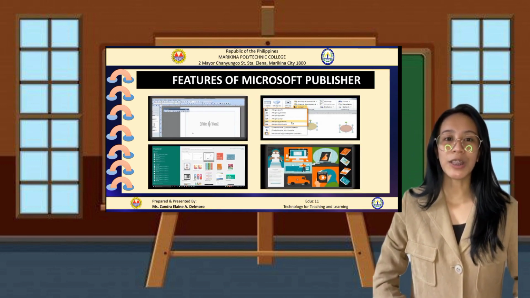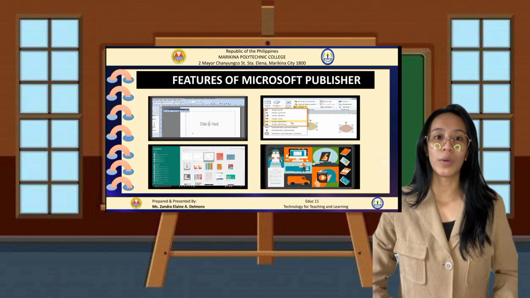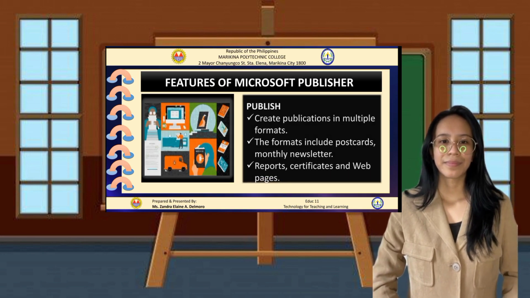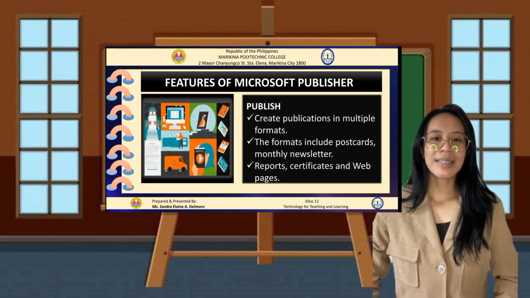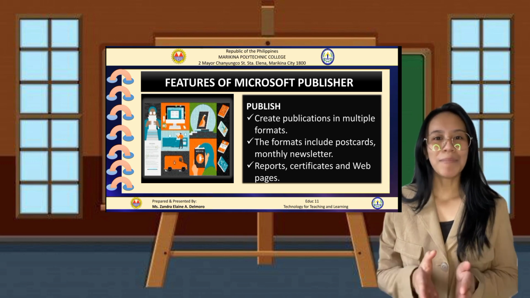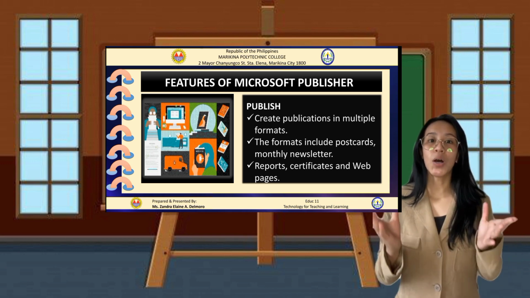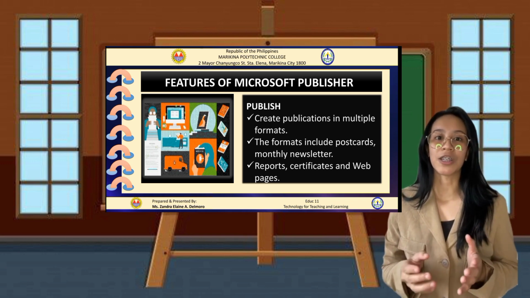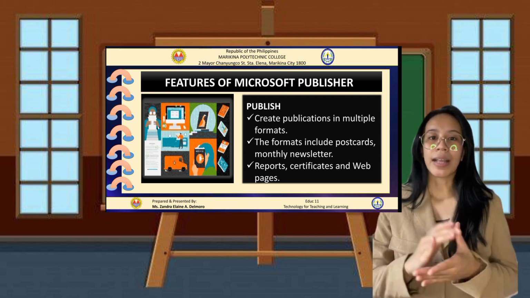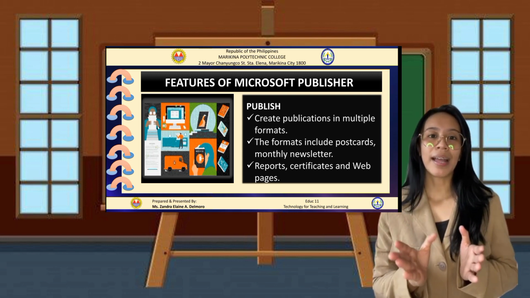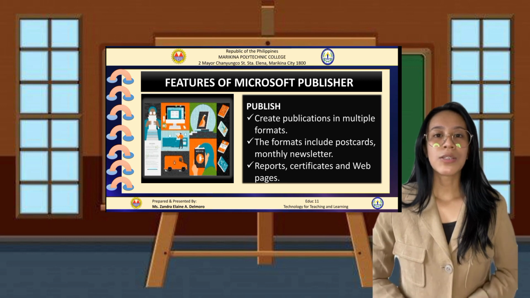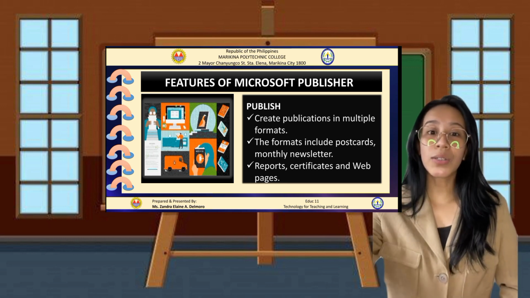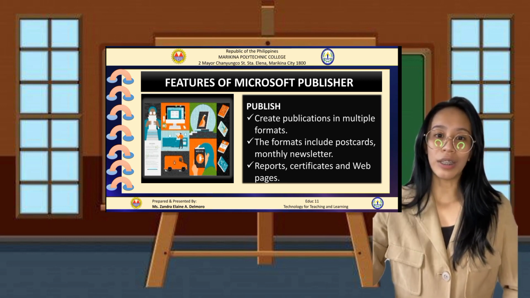So let's proceed to the last image in the right lower side. So last is publish. Publications can be saved as commonly used offline files such as PDF, XPS, JPEG, and PNG. Publications can also be directly sent online.